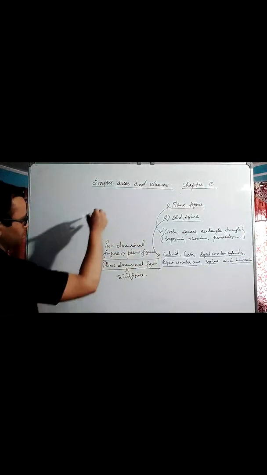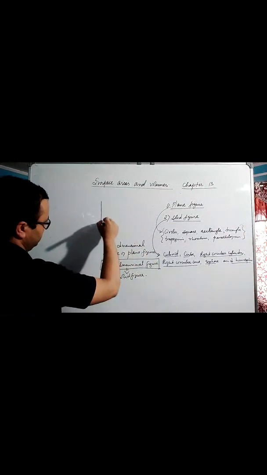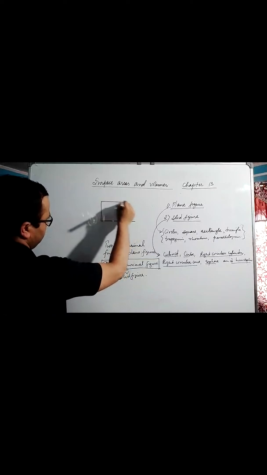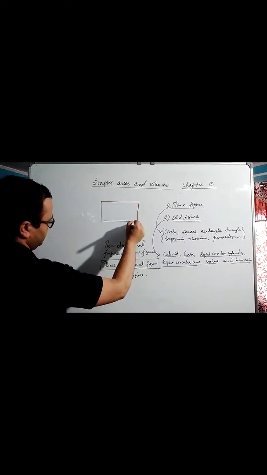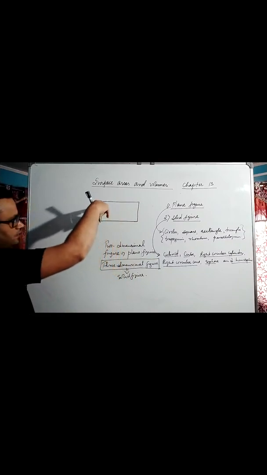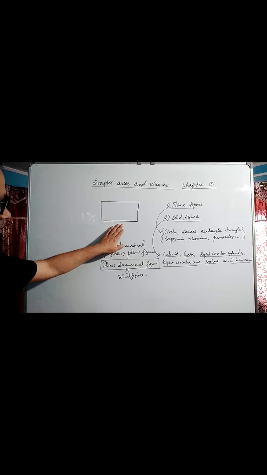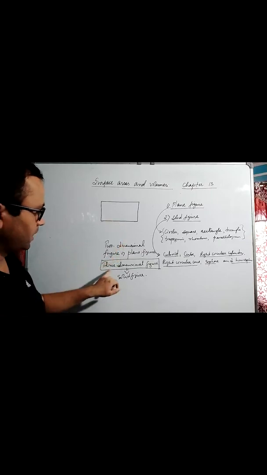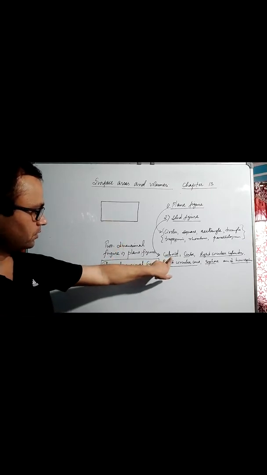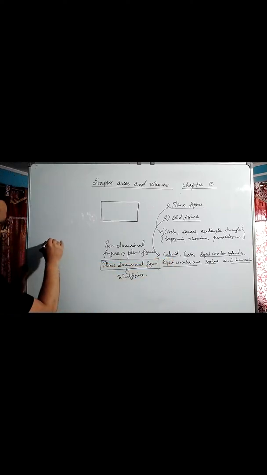Suppose we have a rectangle. A rectangle is a four-sided figure, but it is a plane figure. But in three dimensions, suppose you consider a cuboid. Cuboid is like this.